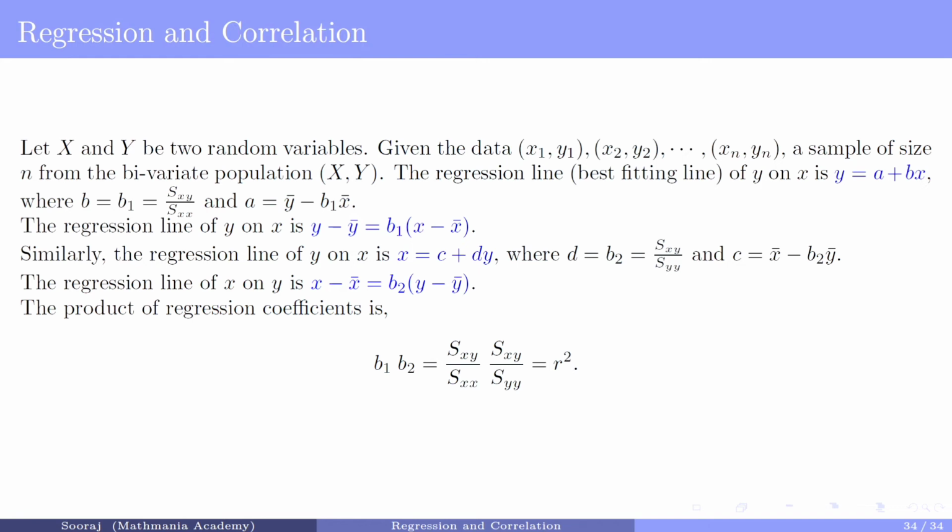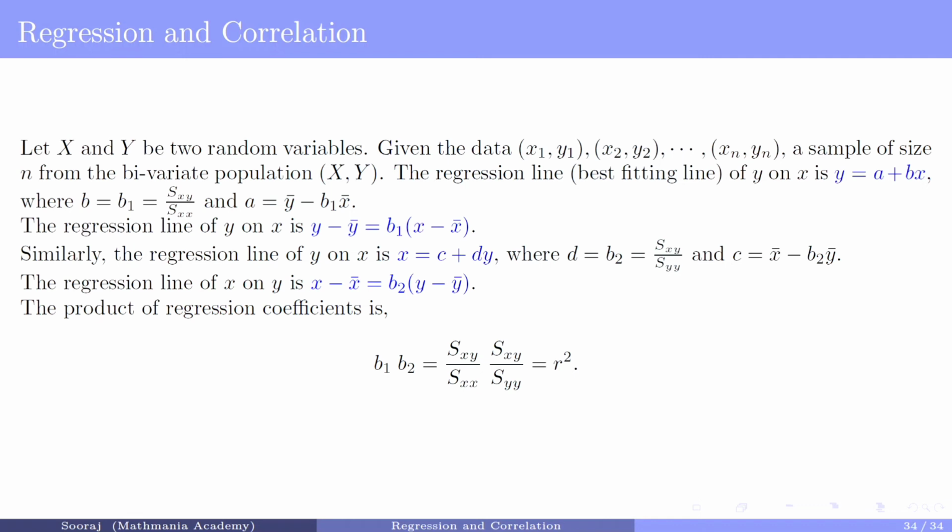Here is a slight remark that we have to make. Till now, by calculating these three quantities, we were dealing with regression as well as correlation. We may have a question in our mind: do we have any relation between them? Yes, of course.